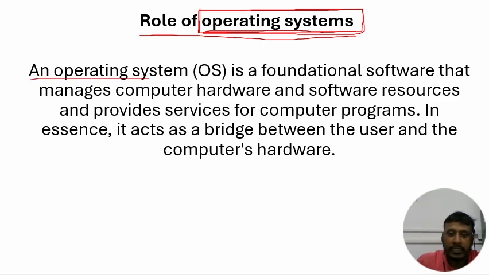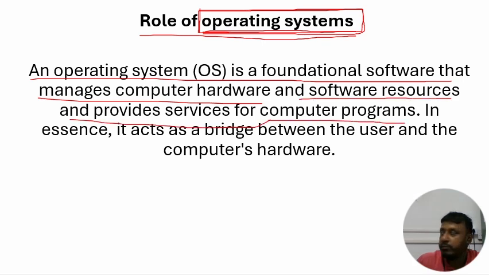So an operating system is a foundational software that manages computer hardware. It manages the computer hardware and software resources and provides services for computer programs. We can say that the operating system acts as an intermediary between the user and the computer system. It manages hardware resources, provides the user interface, and enables the execution of other application programs.